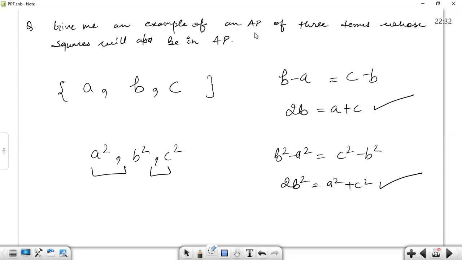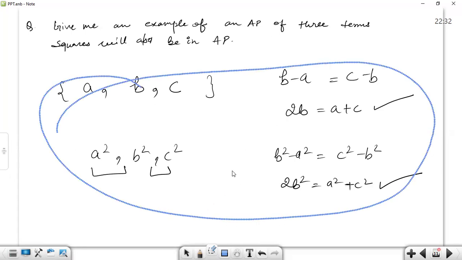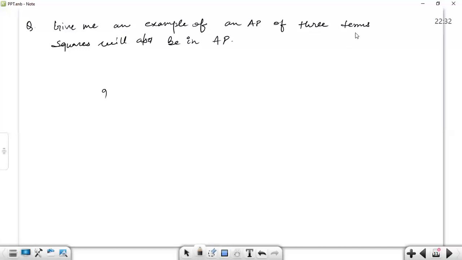Give me an example of an AP of 3 terms which are squares of natural numbers. So let me tell you the example simply.